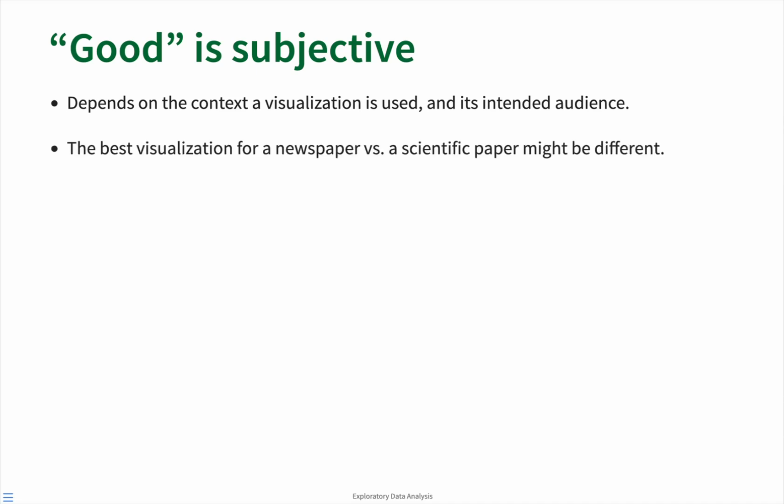For example, if you wanted to create a scatter plot of some data, the best way to do so might depend whether that scatter plot is intended to be published in a newspaper that's read by a wide public audience, or in a scientific paper with a much narrower audience and a particular focus.